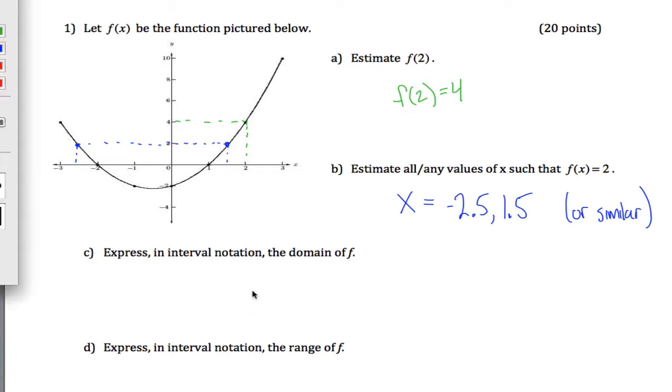Next one, express in interval notation the domain of f. All right, so the domain are all the possible x values. It's kind of the shadow onto the x-axis here. Note that we have x values everywhere from here all the way to here.